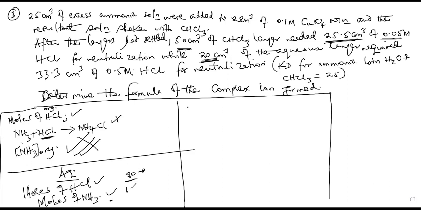Then what about 1,000? You get moles of ammonia in aqueous layer, and that one should be moles in aqueous. You'll calculate and see if you'll come up with 0.8325.